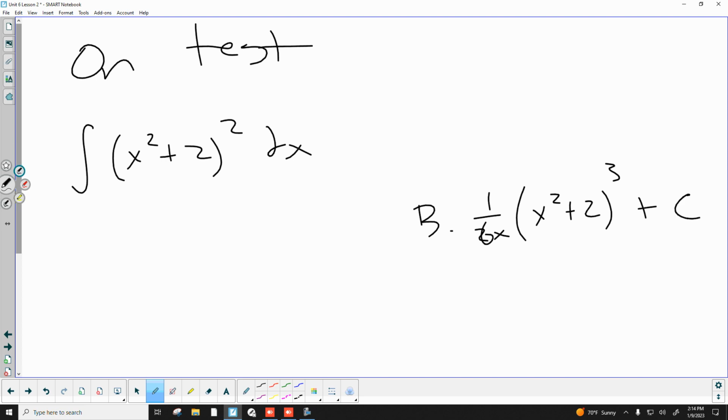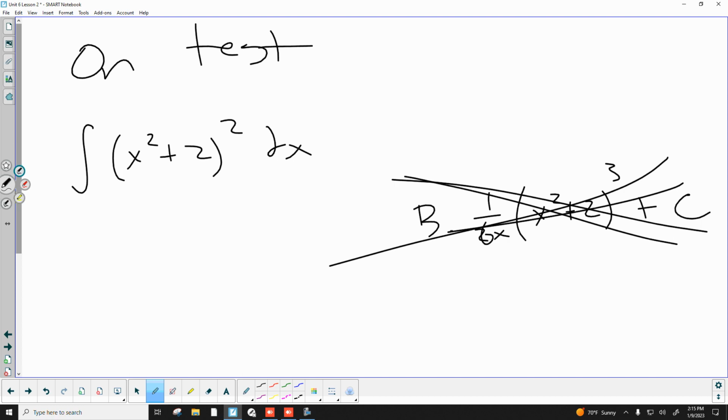Yo, not correct. The actual answer will be distributing this, getting x to the fourth, antiderivating 1/5 x to the fifth. Like, you might think, oh, I can undo this using kind of the Mr. Messner undoing of the chain rule, but it only works when this is x to the first power. So don't select that.